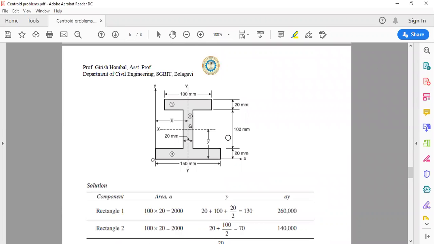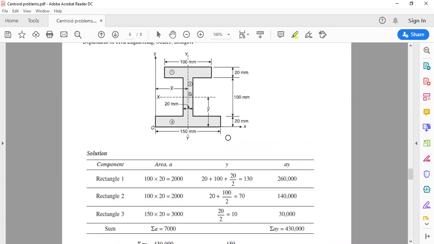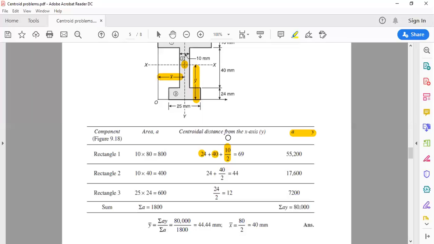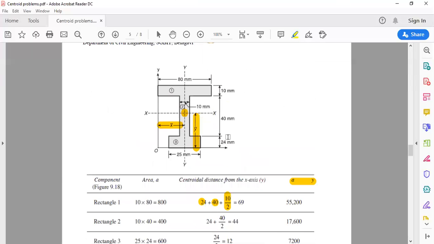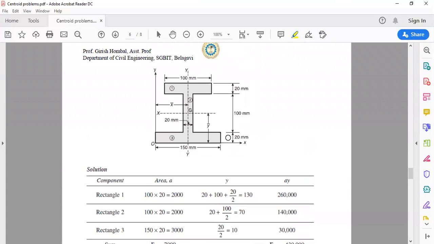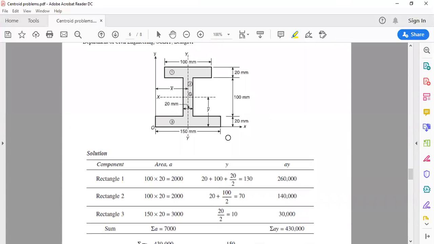So we shall take one more I section here. Very simple, similar to the previous one. Only thing is the dimensions are a bit changed. So again, you see that this I section is being formed with a combination of three rectangles.